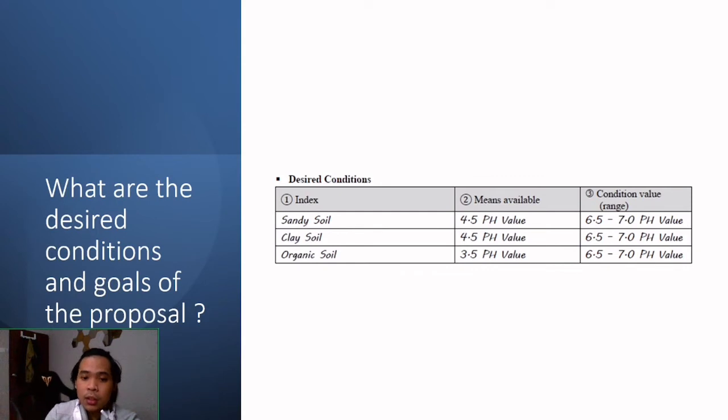After selecting the best concept that we want to use for our project, which is the smart pH monitoring system, I will discuss the desired condition and the goal of the proposal.